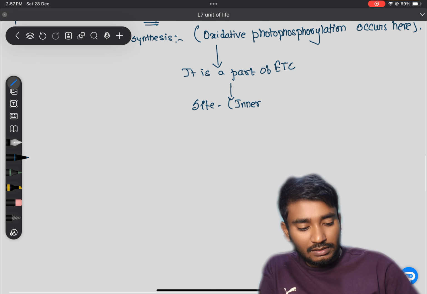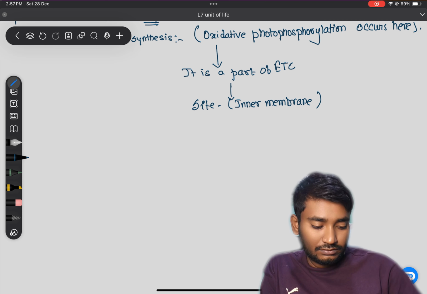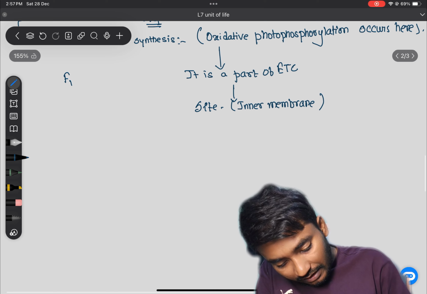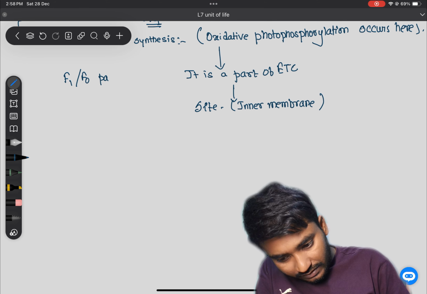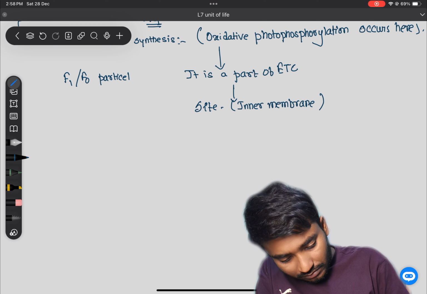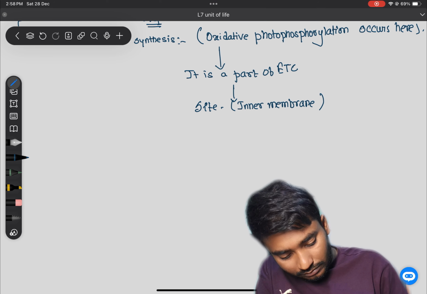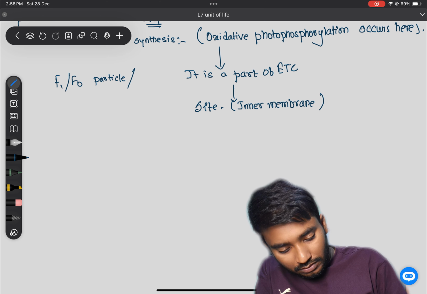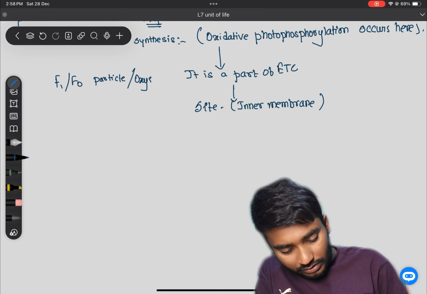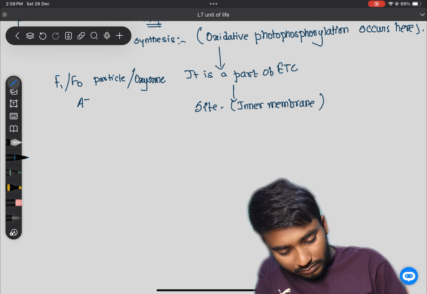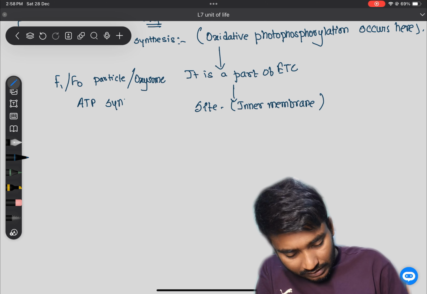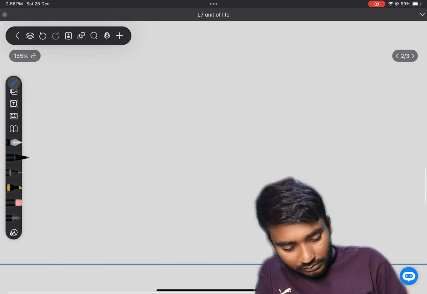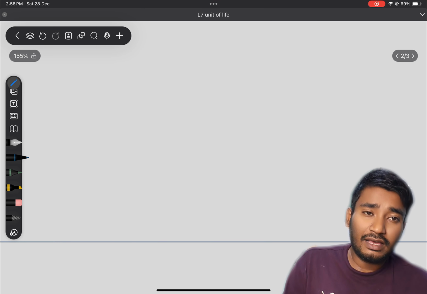Now the F1 and F0 particle is the oxysome, the ATP synthetase enzyme, which is secreted by the F1 and F0 particle.